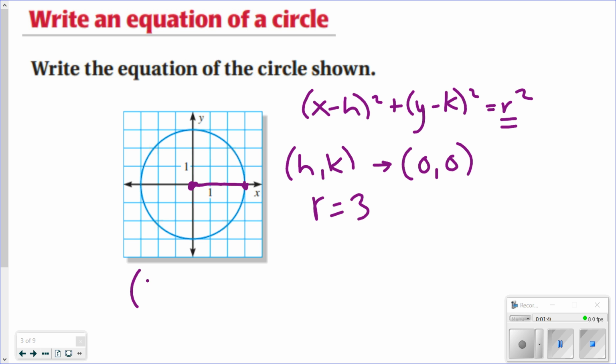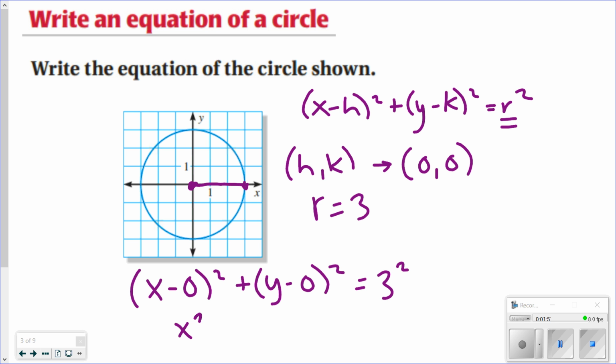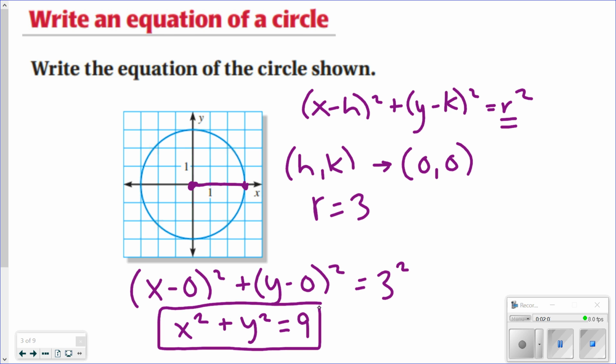So we have (x minus 0) squared plus (y minus 0) squared is equal to 3 squared. Now, do I need to write minus 0? No. So I can simplify this to just have it say x squared plus y squared is equal to, what is 3 squared? That is 9. And that is the equation of this circle.